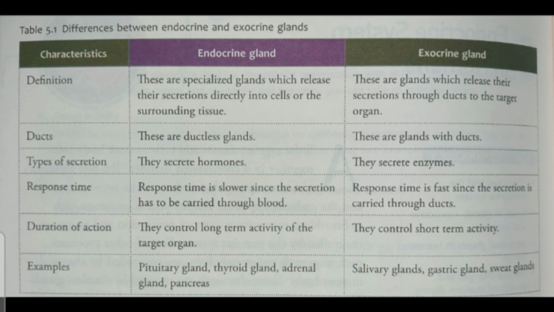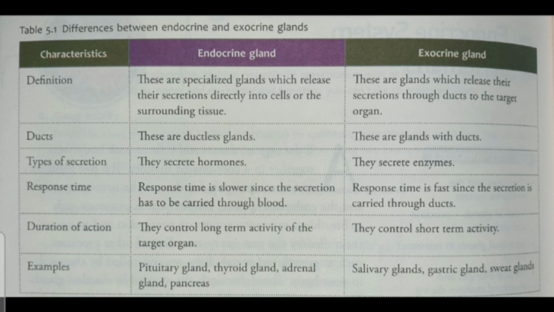From the ovaries, estrogen and progesterone are produced. From the testes, testosterone is produced. These all are examples of the endocrine hormones. And the pituitary, thyroid gland, pancreas, adrenal glands, ovaries and testes are the endocrine glands.